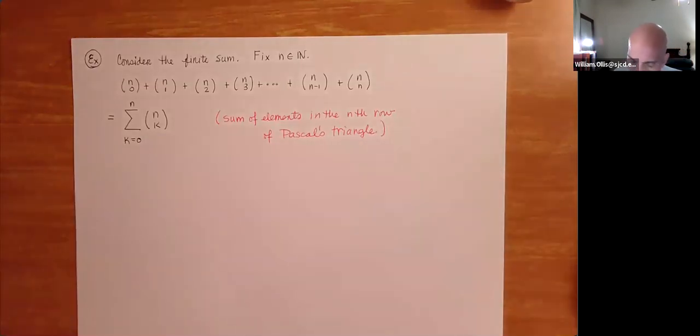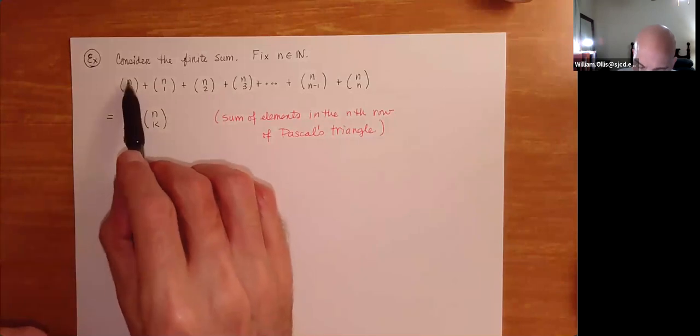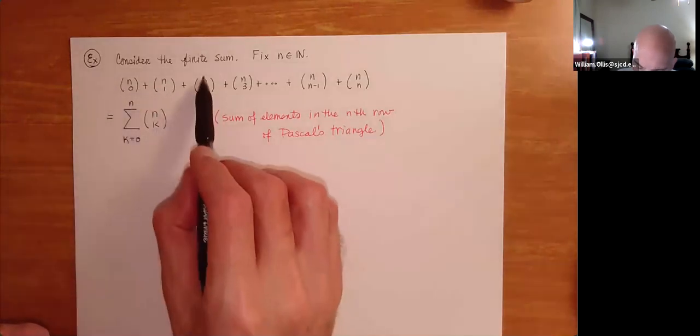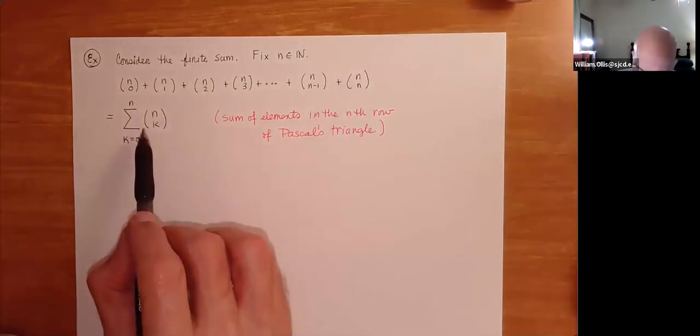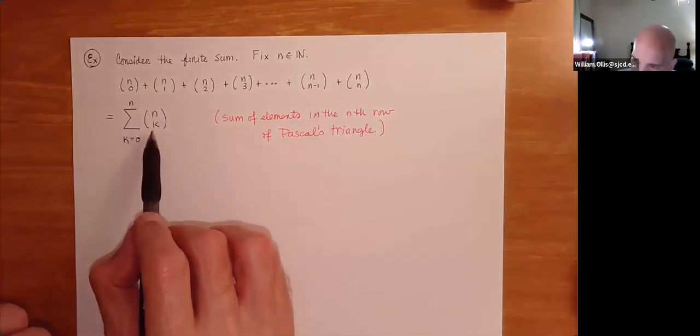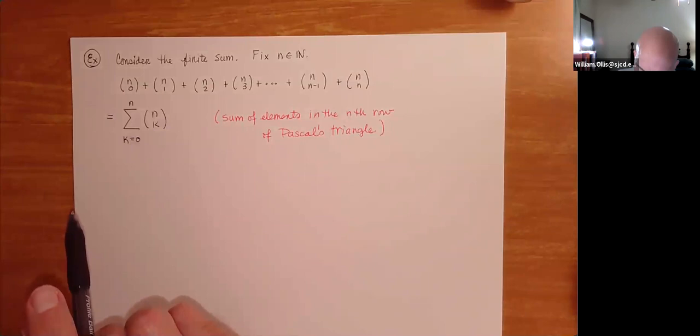So when you look at this, you're thinking, oh, okay, so this could be like 7 choose 0, 7 choose 1, 7 choose 2, up to 7 choose 7. And then when I write it this way with the sigma notation, you're thinking, that looks kind of interesting.